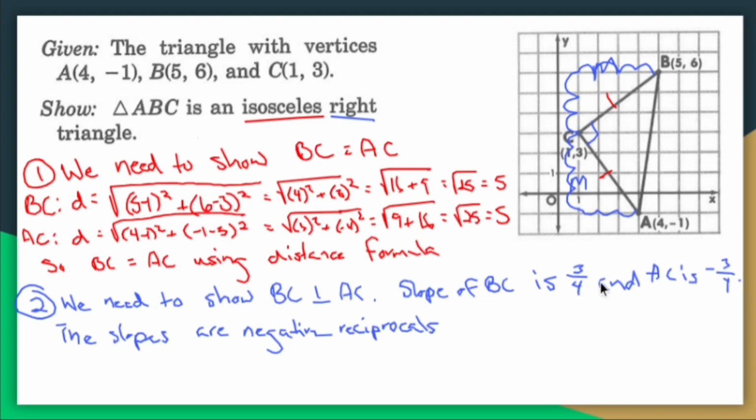Okay, 3 over 4. Oh, wait a minute. This is supposed to be 4 over 3. Almost ruined the whole thing. The slopes are negative reciprocals, so BC is perpendicular to AC.